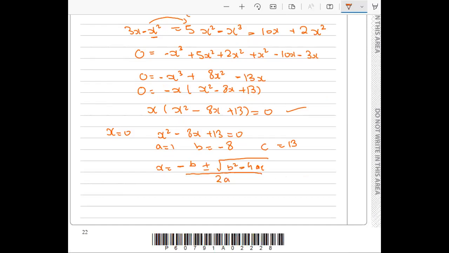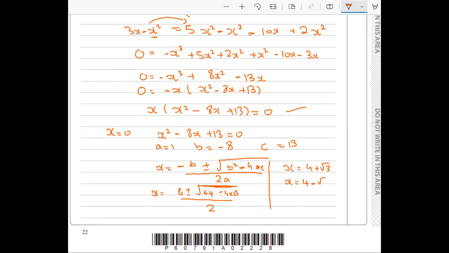Let's just insert the values. x would be 8 plus minus under root 64 minus 4 into 13, divided by 2. And if you find these values on a calculator, you will get x equals 4 plus under root 3 and x equals 4 minus under root 3.